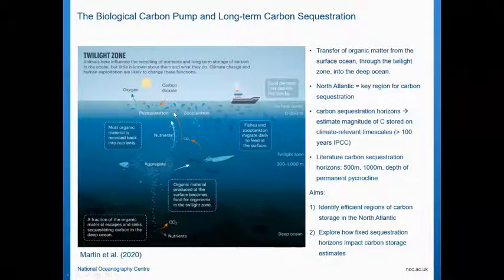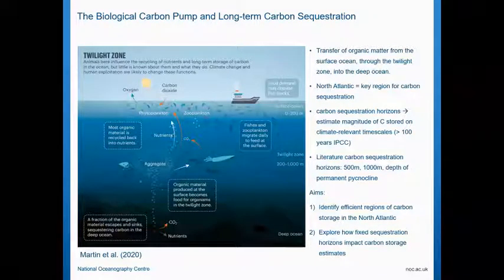And so the pump transfers organic matter that is produced by phytoplankton through the ocean to the deep ocean. And as these sinking particles which contain this organic matter sink, a large proportion of this carbon is remineralized back into dissolved inorganic carbon.